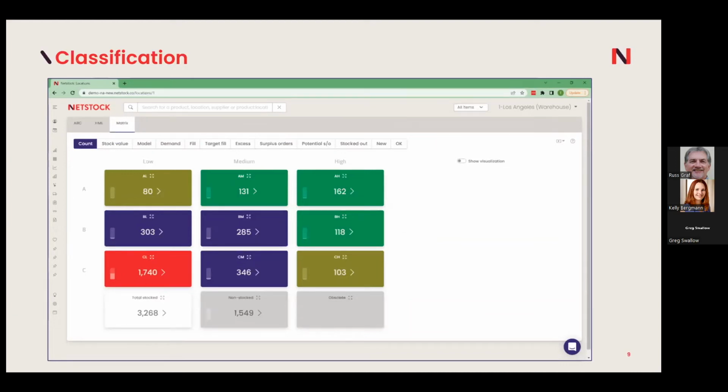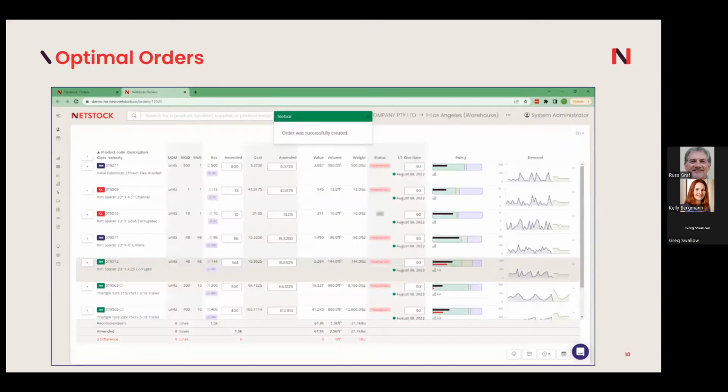So this gives you a little bit of a feel for how we assist you in going through that classification process. We do it automatically, but then you have the ability through all kinds of parameters and levers and so forth to manipulate that to meet your specific requirements. And our consulting team at Netstock helps you get that deployed properly and configured, and understanding why you're doing what you're doing.